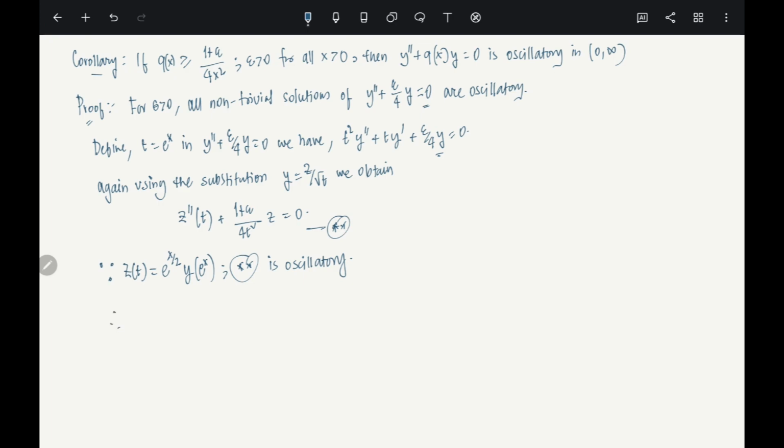Therefore, between any two solutions of this equation, what is the equation? This equation, star.